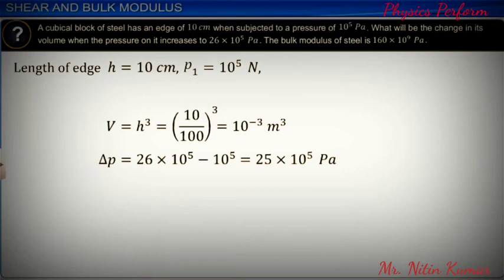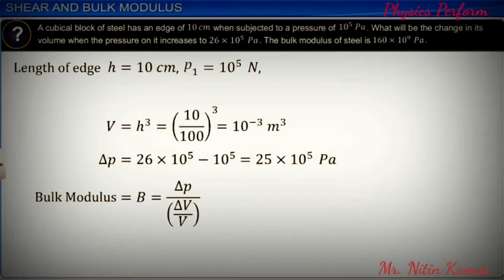We rearrange this expression to solve for delta V, the change in volume. Substituting the values of delta P, V, and B, we get the change in volume delta V as minus 1.56 times 10 to the power minus 8 meters cubed. The negative sign in the answer means the final volume is smaller than the original volume.